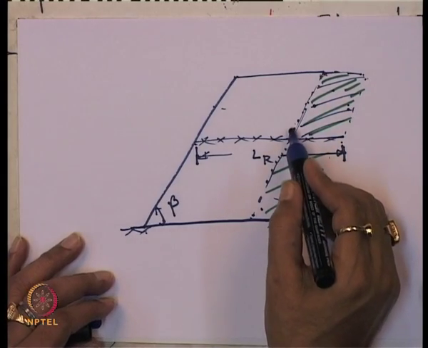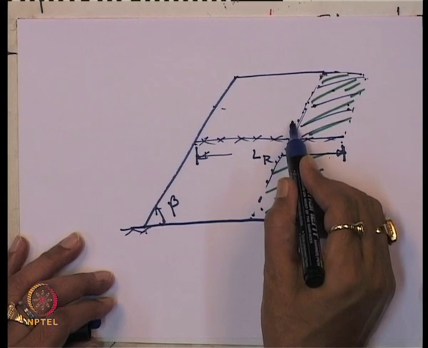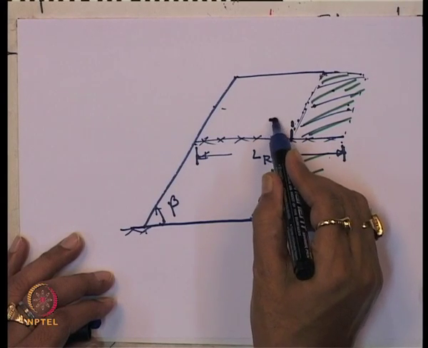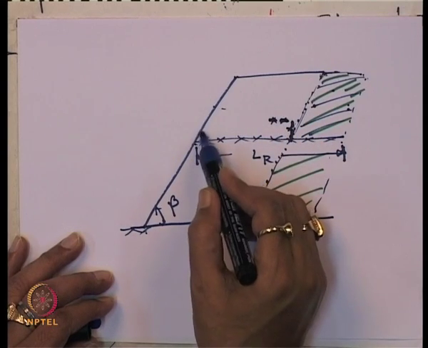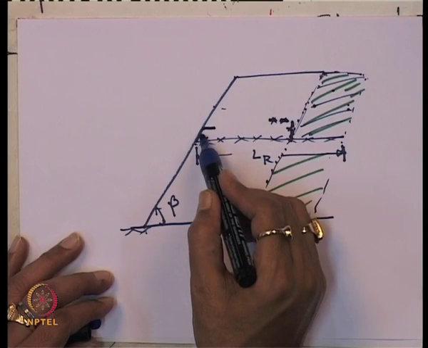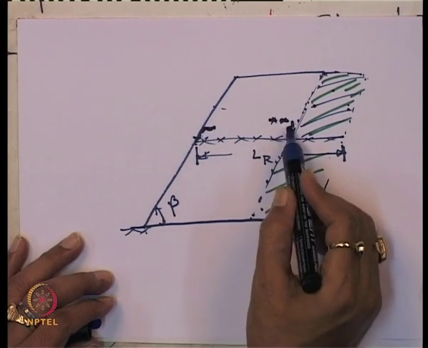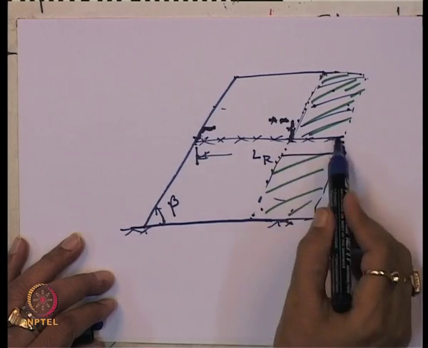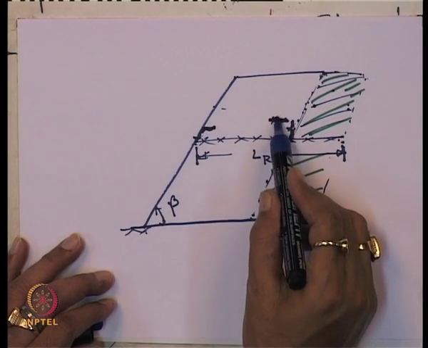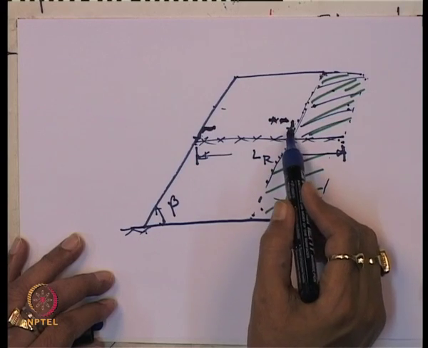You can provide a back wrapping. You can back wrap the reinforcement like this. And you can also back wrap the facing element like this. So, this is what is back wrapping. Instead of this length, you can back wrap this geogrid material like this.